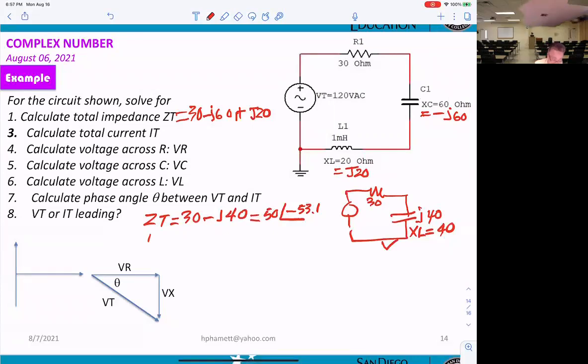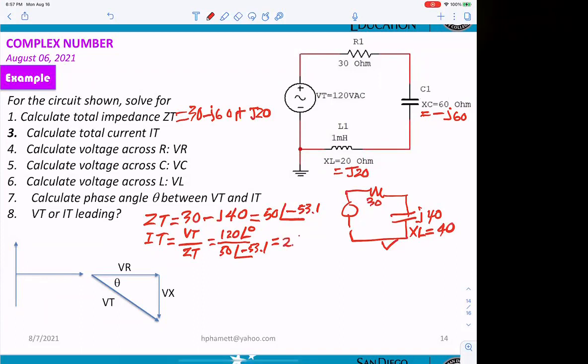Then you can calculate the IT. 120 divided by 50 is 2.4, right?